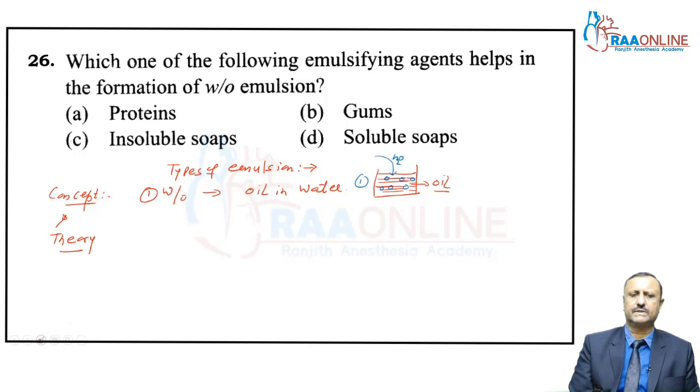Now, the second type of emulsion: here oil in water, here water in oil. This is called water in oil. And in the second part, you can see oil in water.